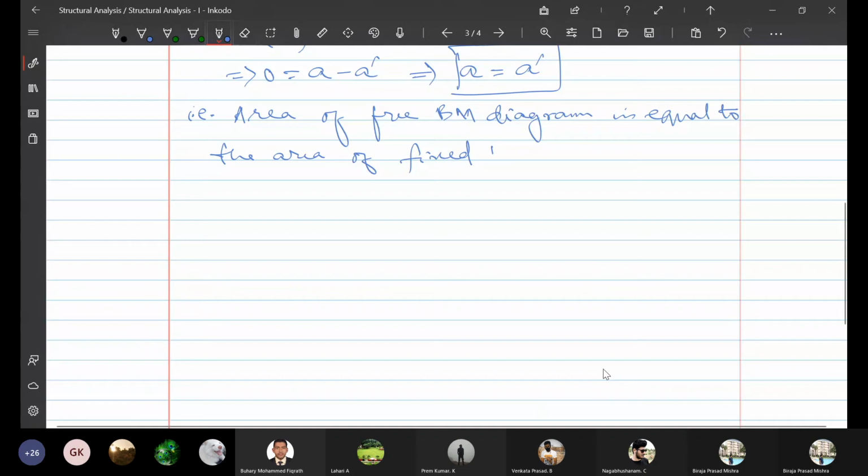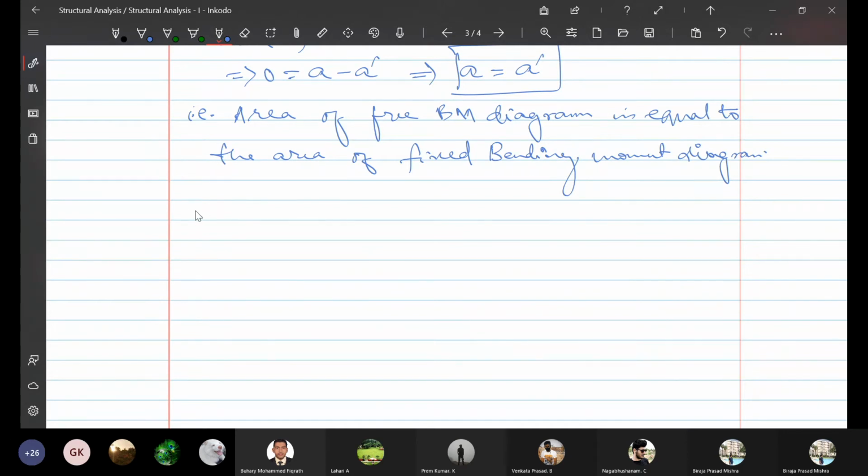Sorry guys, I think that got disconnected. So that is the first inference we get.